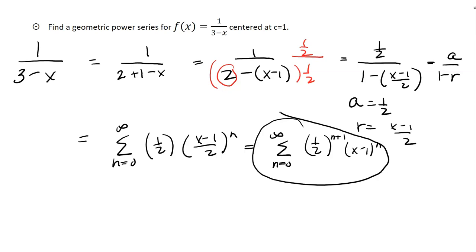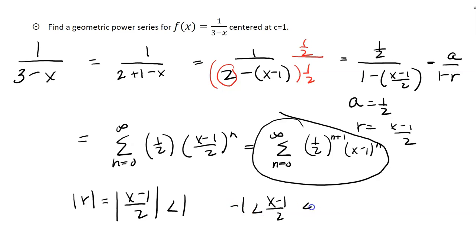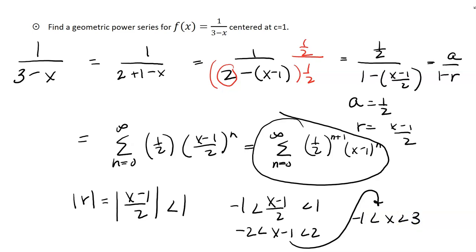And if I were to set the absolute value of r, which is the absolute value of x minus 1 over 2, less than 1, you could see what would happen. We would have x minus 1 over 2 between negative 1 and 1. x minus 1 would be between negative 2 and 2, or x between negative 1 and 3.